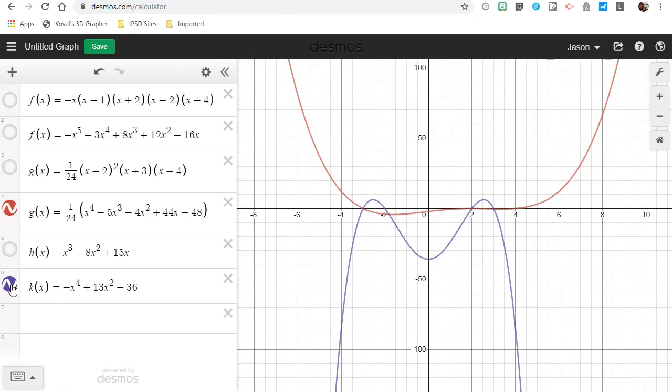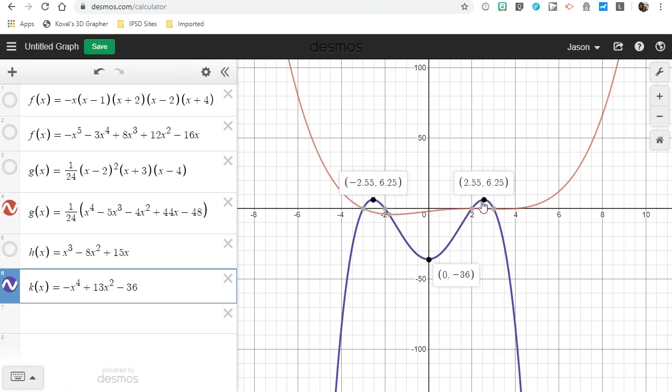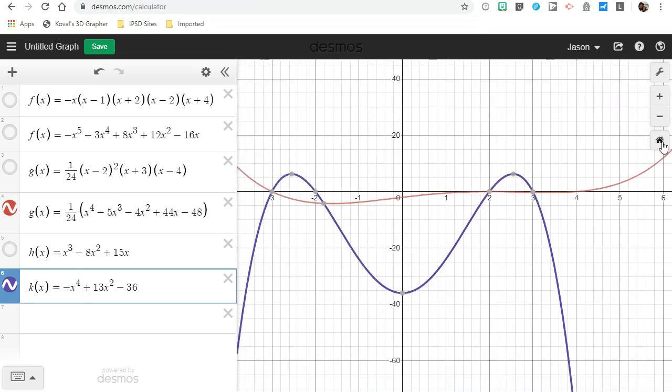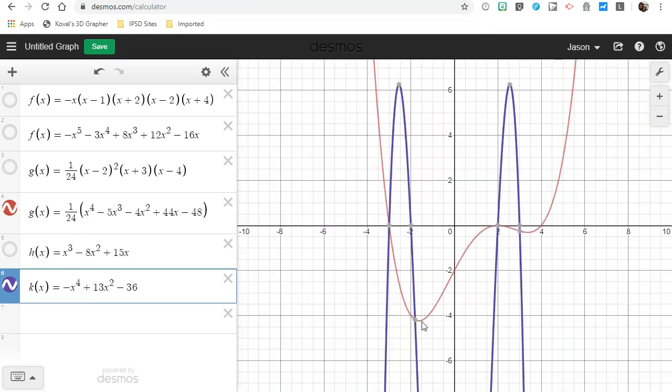Another thing we might want to notice is the most amount of turns that I have on a function. So this purple graph has 3 turns. Notice that the leading power is 4. Likewise, on the red one, the power was 4. And I can see that there are 3 turns on the red graph as well.